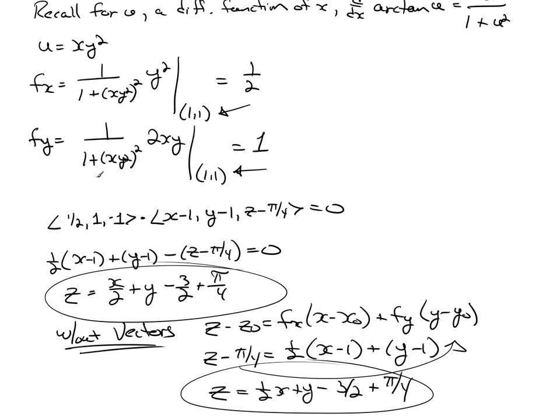The numerator is never undefined, so the partial with respect to x is defined everywhere. The partial with respect to y is the exact same thing. This part could be negative, but I never have 0 in the denominator, so there's no value of x or y that would make the partial with respect to y discontinuous.